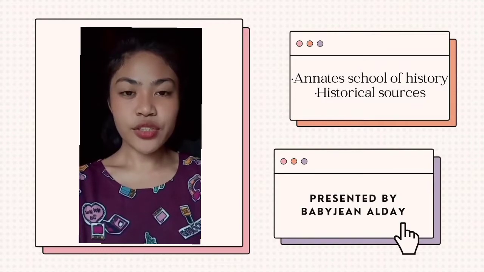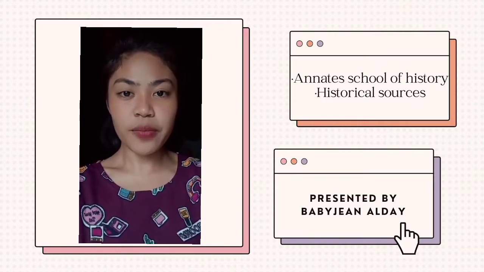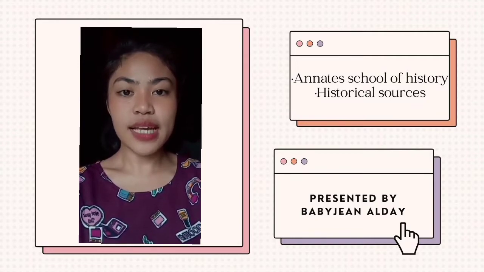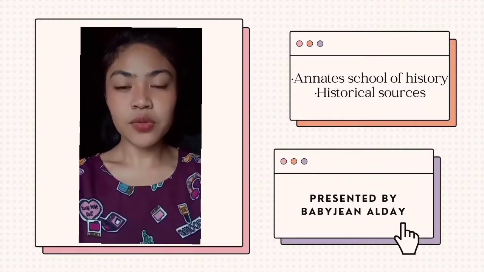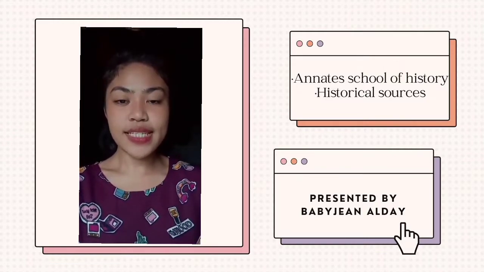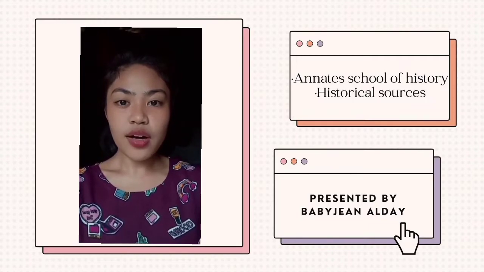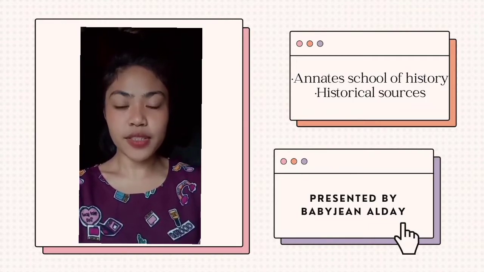There are 2 historical sources, primary and secondary sources. Primary sources are produced at the same time as the event, period, or subject being studied. An eyewitness account of convention delegates and their memoir are used as primary sources.